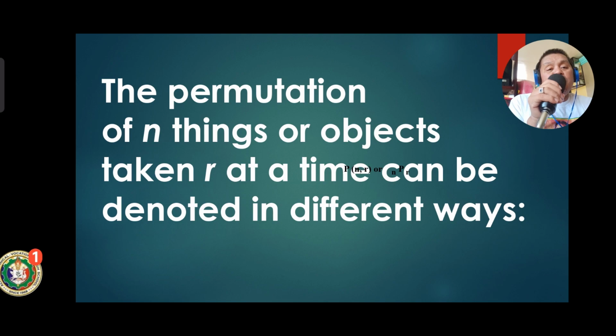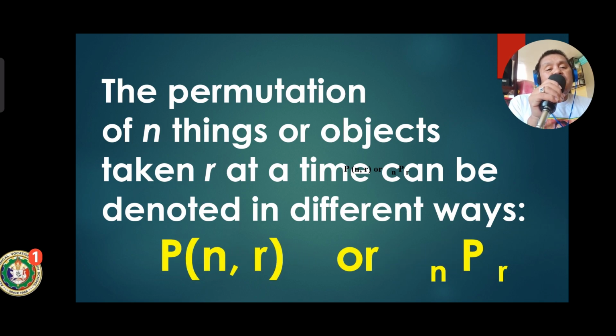The permutation of n things or objects taken r at a time can be denoted in different ways. We have P(n, r), or nPr.